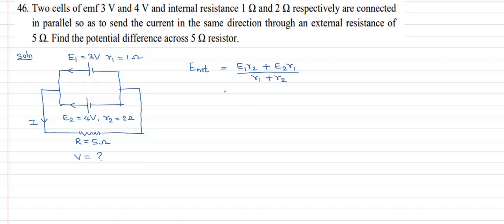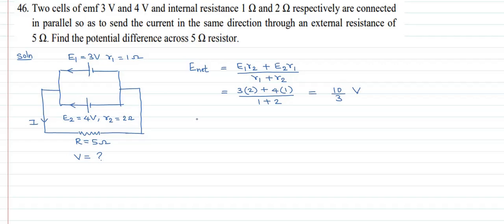So if I substitute, this is 3 into 2 plus 4 into 1 divided by 1 plus 2. If you simplify, 3 2 is 6, 6 plus 4, 10, so 10 by 3 volt.